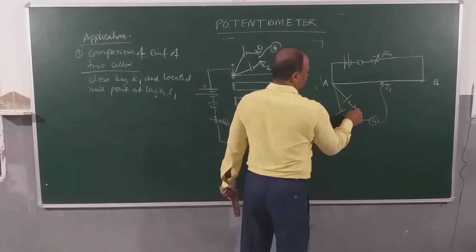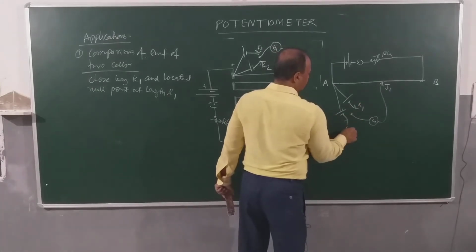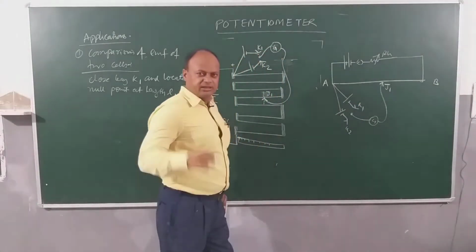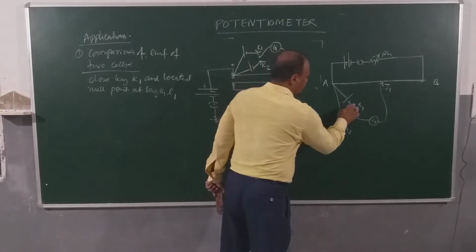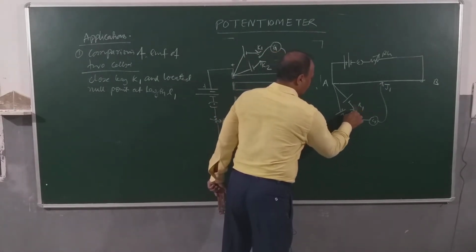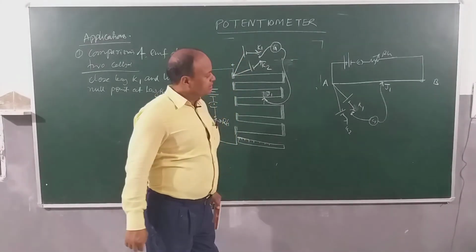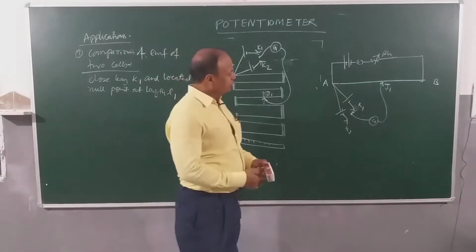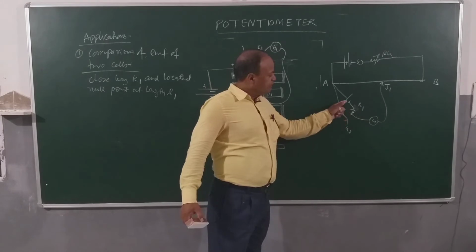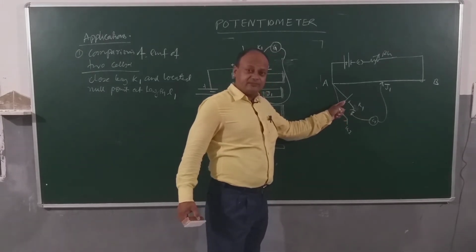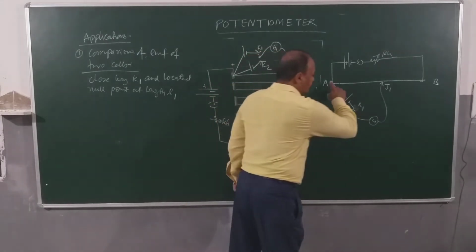And this is key K1 and this is key K2. Clear? Initially what I am doing, I am closing key K1 like this. This key is closed. I insert a key here. So this switch is closed. When I close this switch, then which cell applies? The first cell. And then I start sliding the jockey on the wire.